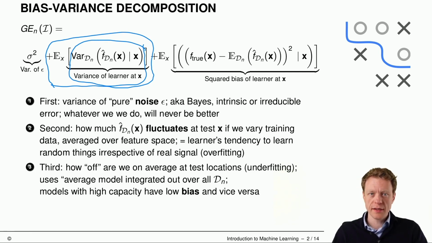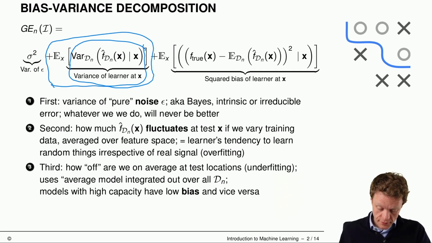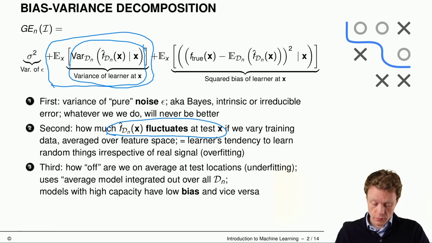What happens to the variance of the trained models at this specific point x if we train on other data sets? This term tells us how much the trained model fluctuates at test point x if we vary the training data.